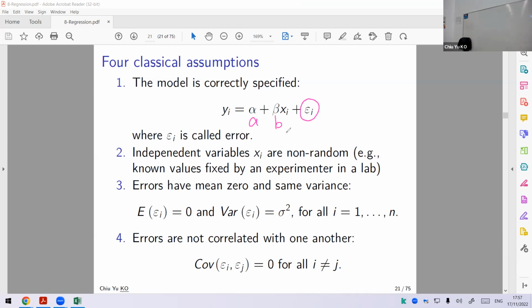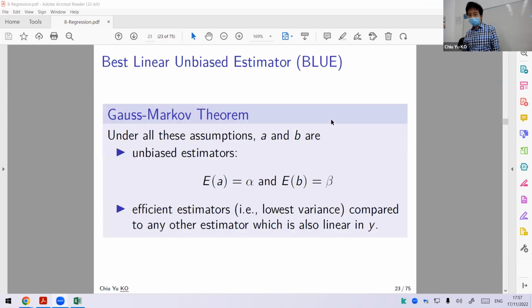So A and B are random variables. And that's why you will do hypothesis testing. That's the reason. That's why we call it an unbiased estimator, because A and B are random variables.